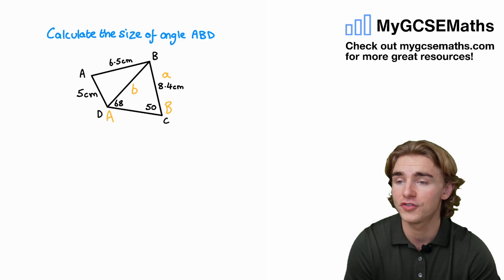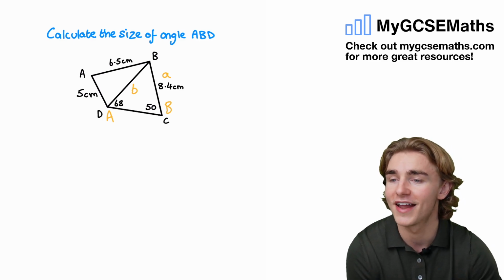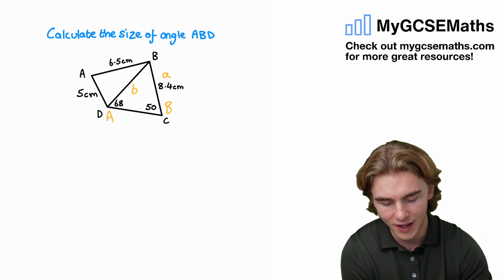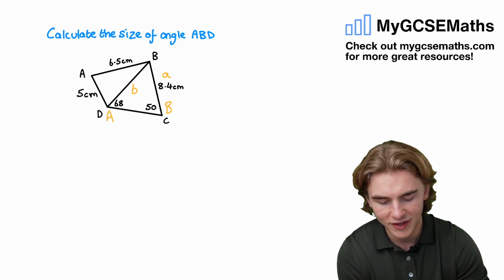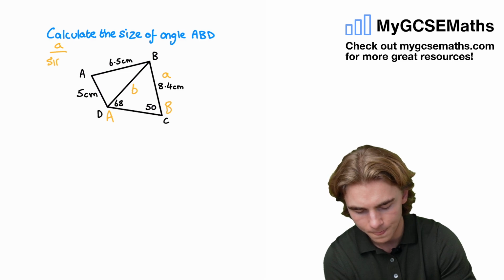We also have to make sure that our lowercase letters are our side lengths and our uppercase letters are our angles. Let's write out our sine rule then, guys, and we're going to be using the version where the lowercase letters are on the top. We have a over sine A equals b over sine B.